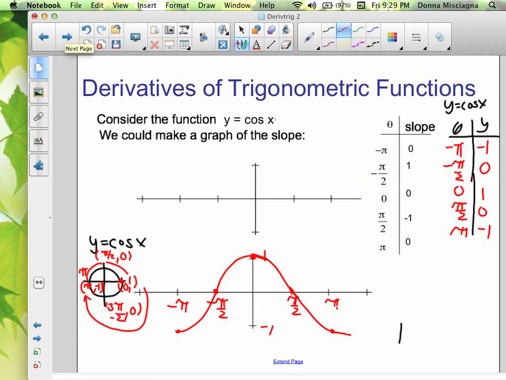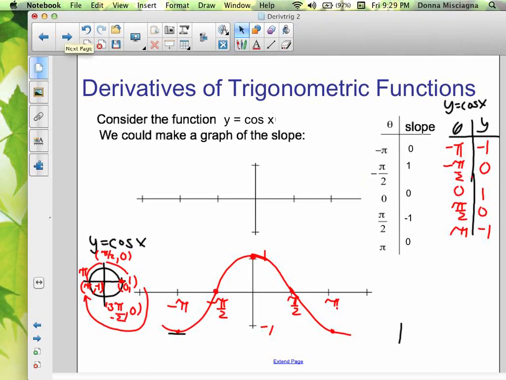Okay. Now if we look at our graph here, we could find our slopes. Notice it's going to kind of do that again. So here we have a slope of 0, which is why negative pi was 0.